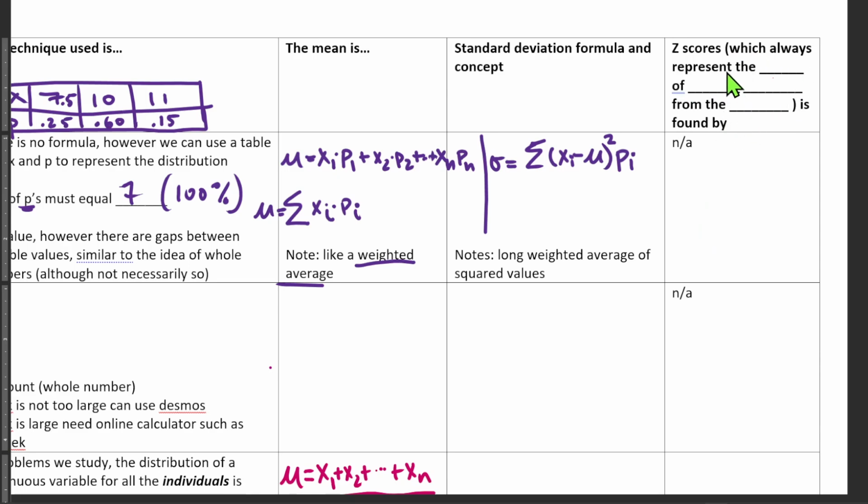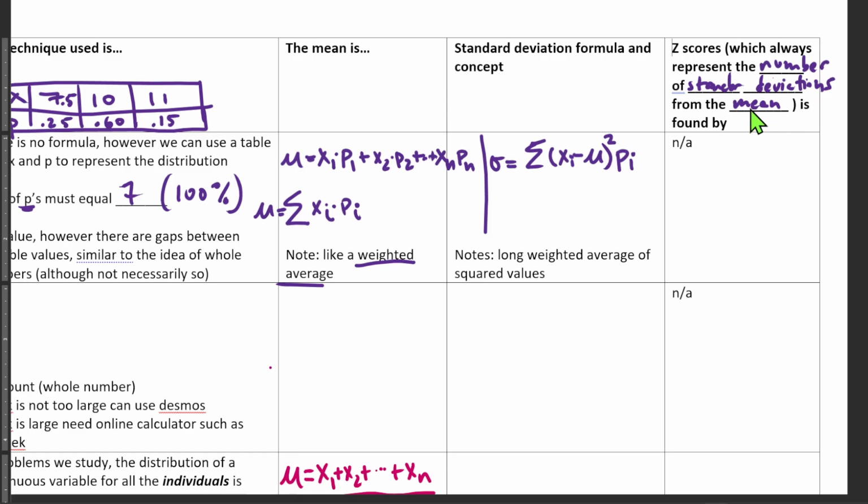But while we're here, let's fill this in. What do z-scores represent? Z-scores in general, which happens at the end of chapter 5 a lot and chapter 6, is really a count of the number of standard deviations an x value or any value is from the mean. So it represents the number of standard deviations from the mean.